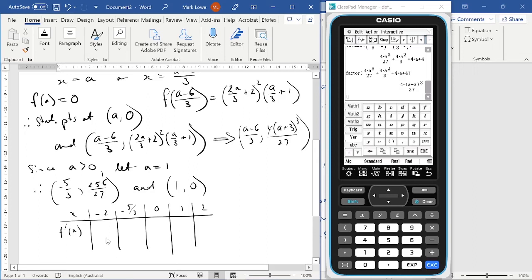That'll be 3 times negative 1, that's negative 3 minus 1. Yeah, okay, so it will be positive.